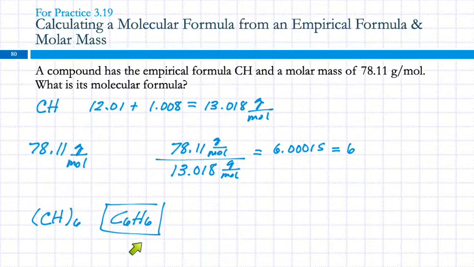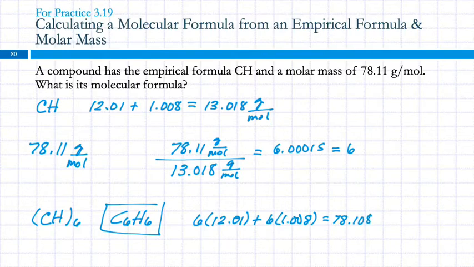This has the empirical formula CH, and if I calculate the mass of this, it's going to be 78.11, or very close. Any questions?